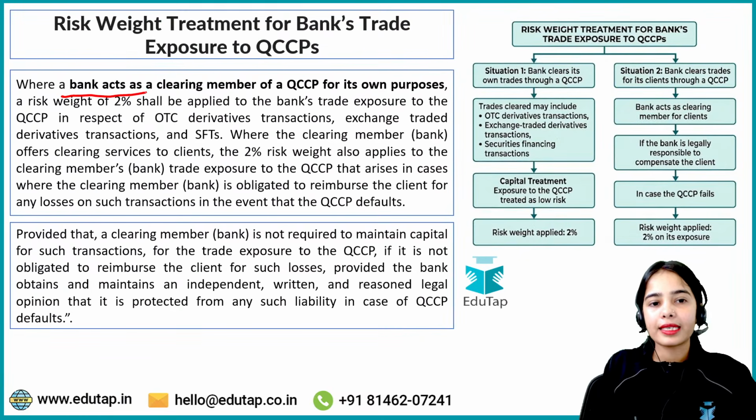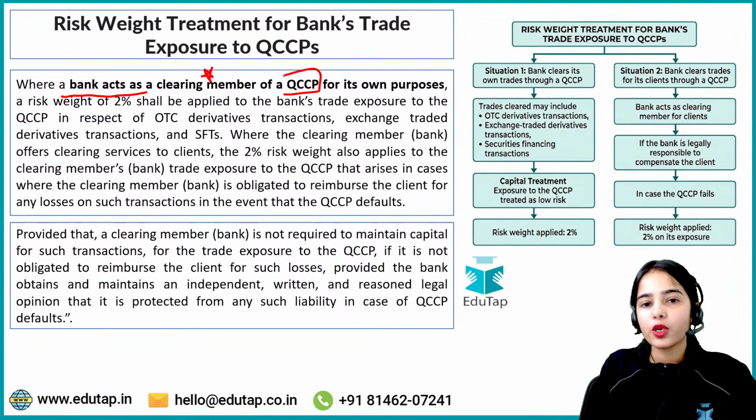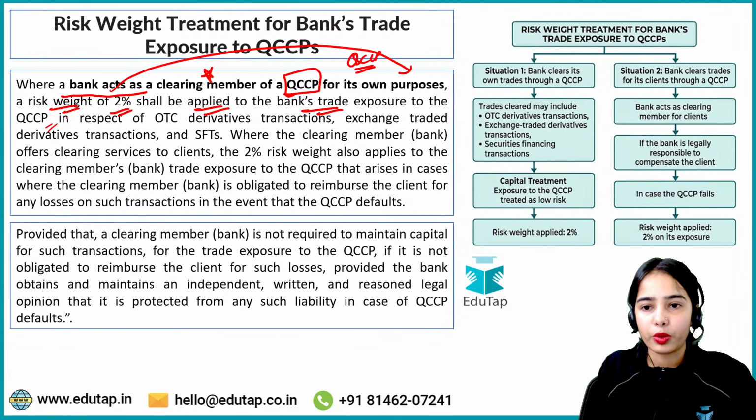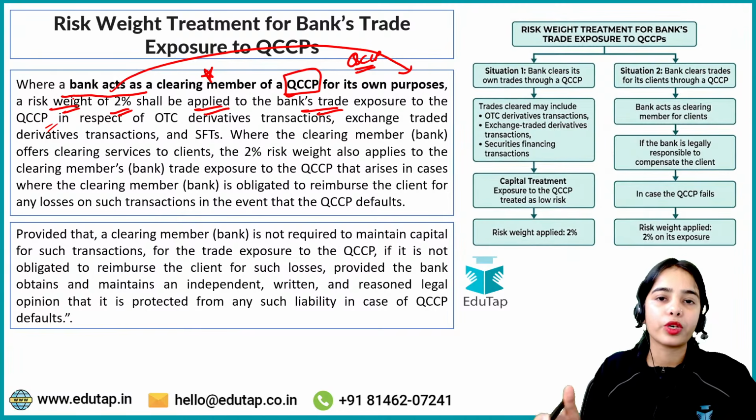So where a bank acts as a clearing member, and there is a qualified central counterparty present, if the bank is clearing its own trade, a risk weight of 2% shall be applied for the bank's trade exposure to the qualified central counterparty, okay, because there is a central counterparty present.